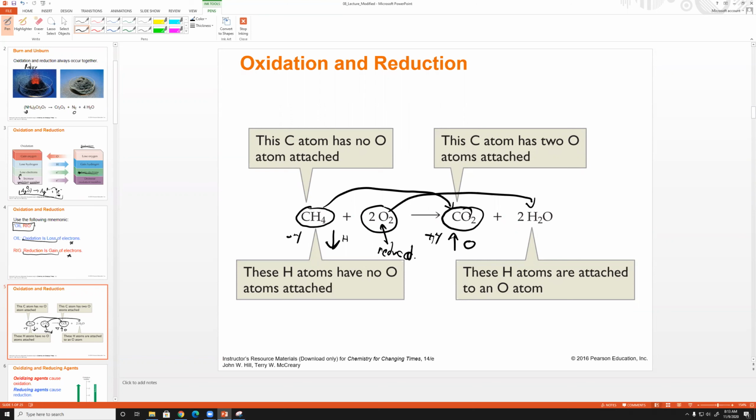So not all of those four metrics have to happen, talking about electrons, oxidation number, oxygens, and hydrogens, but at least one of them does. So I would say OIL RIG is good to memorize, but what you would have to do, maybe on an exam, is classify if the reaction is oxidation reduction.